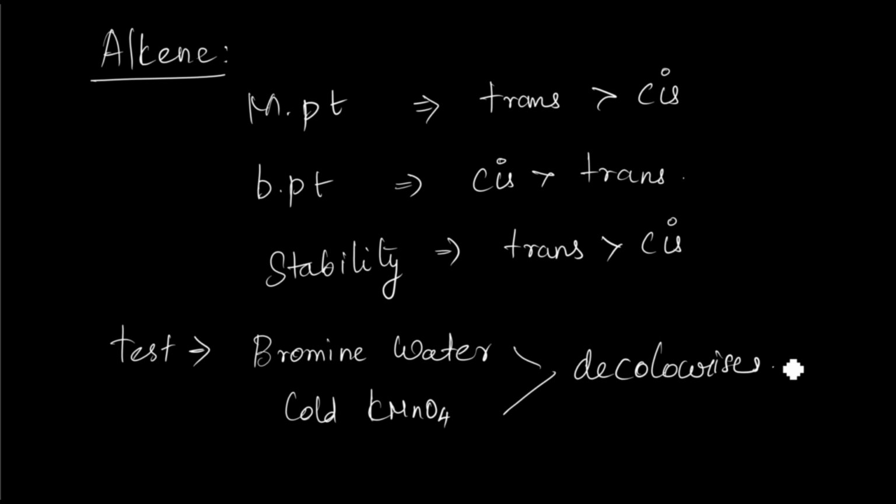One more clue point if I want to give you: it can undergo ozonolysis, to give carbonyl compounds. That can be given as a clue point. Okay, so next, the preparation part. Preparation of alkenes. Of course, it can be prepared by the addition of hydrogen.